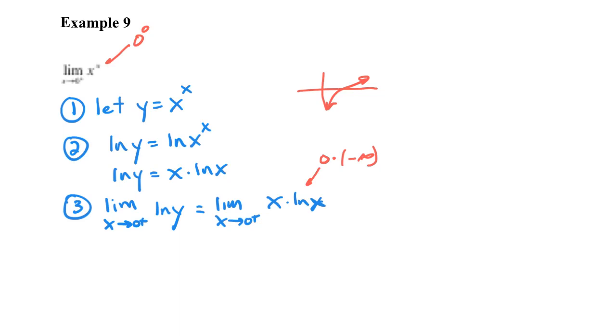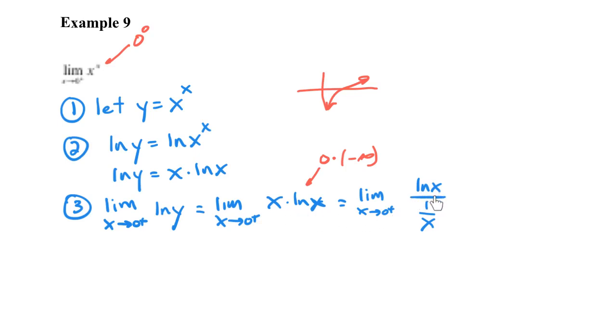We have to put one of these on top and one on bottom, and remember, when we put one on the bottom, we have to take 1 over it. Again, it's a 50-50 thing. But if we write the limit as x approaches 0 from the right of natural log of x divided by 1 over x, you can see this is the same as this.